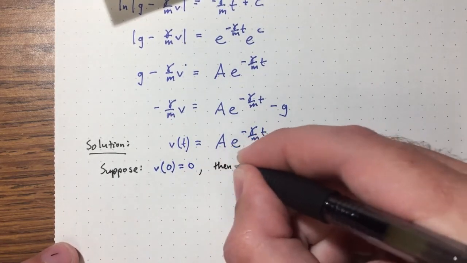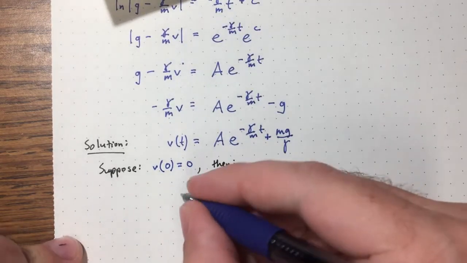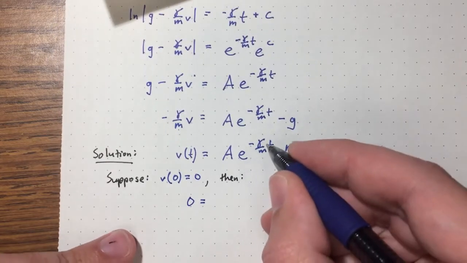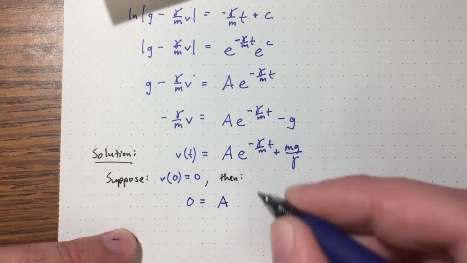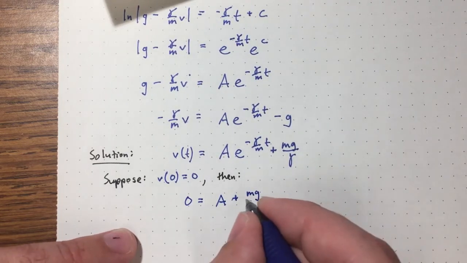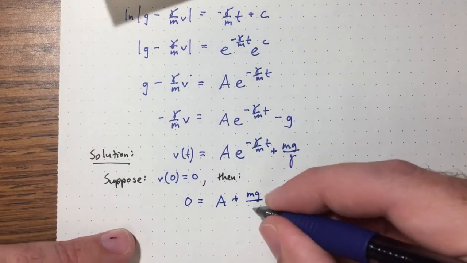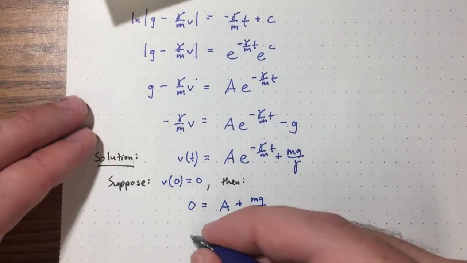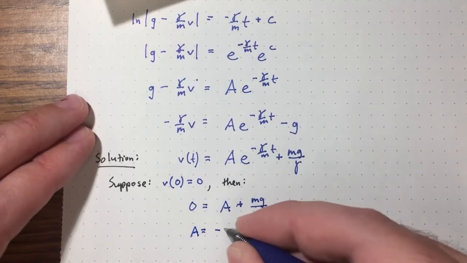Then what does that tell us? That tells us that 0 is going to equal, and again, e to the 0 is going to be 1, so we just get a plus mg over gamma. So that tells us that a is going to be negative mg over gamma.